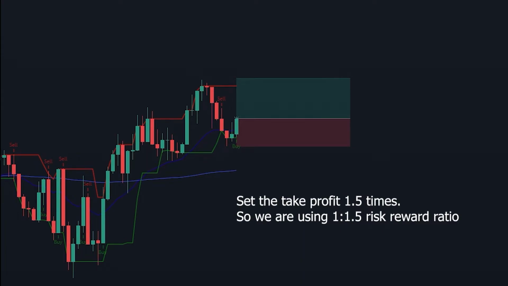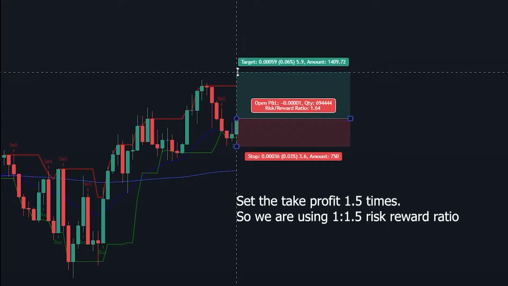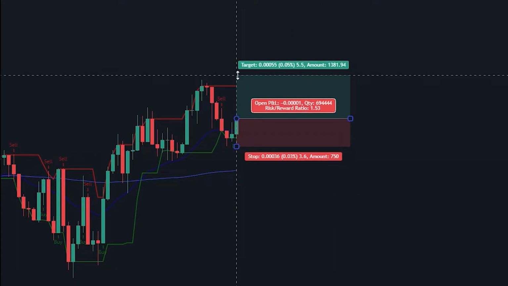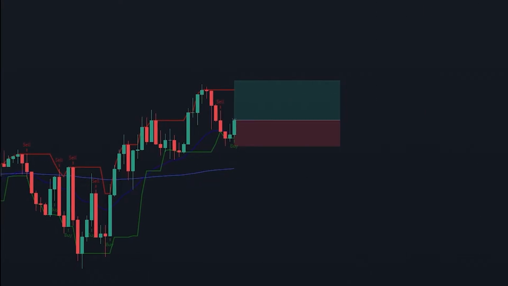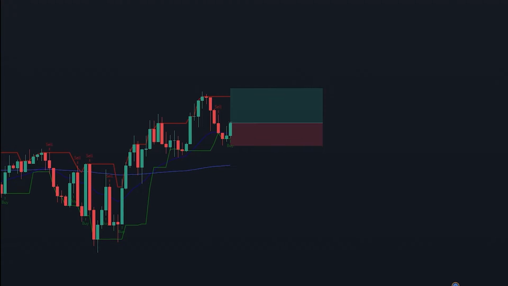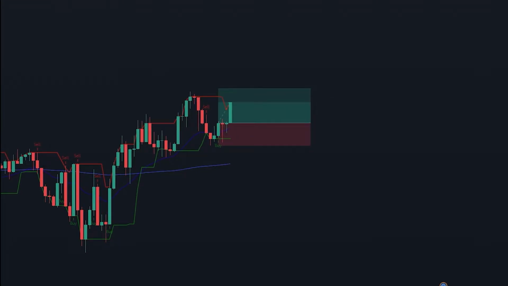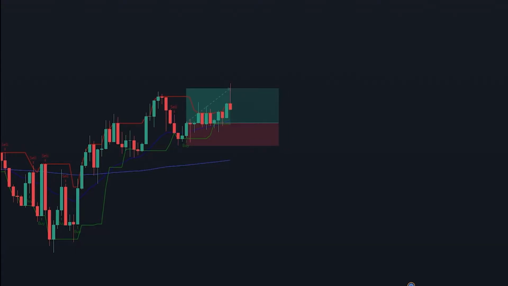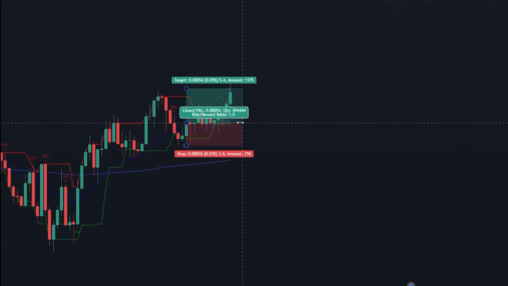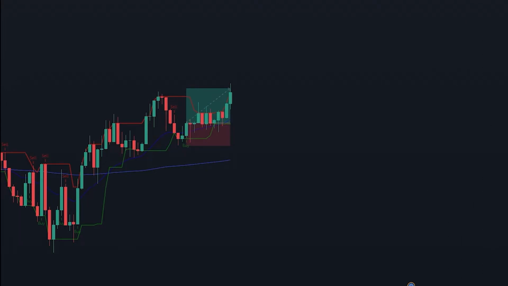Set the take profit 1.5 times, so we are using 1 to 1.5 risk-reward ratio. Let's see the result of our setup. This setup hit the take profit.